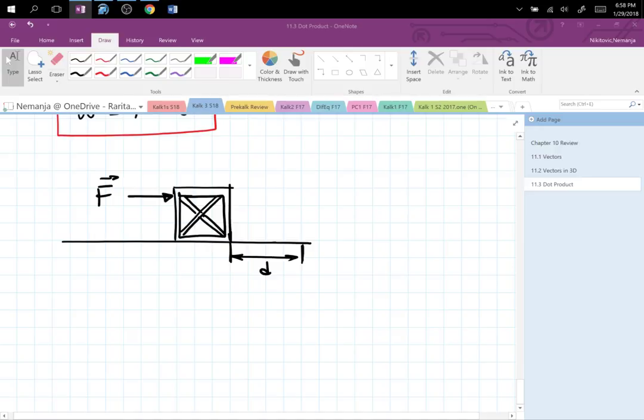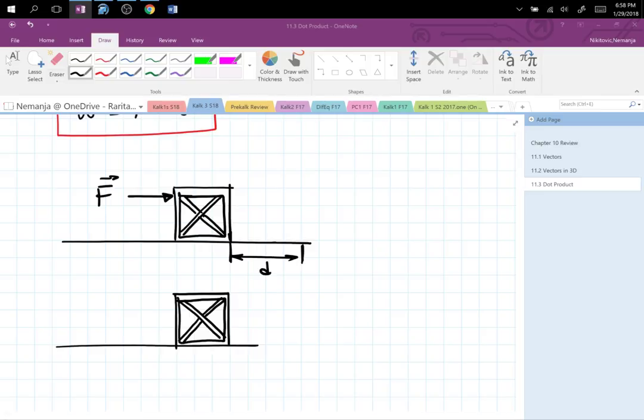Now, the way it actually works is you have a normal force, which is the weight of the crate, because the crate that is lighter is easier to move, and the heavier one is harder to move. So what happens is that you have a friction, and there's a coefficient of friction. There is a static and kinetic and so on. Doesn't matter, the details.